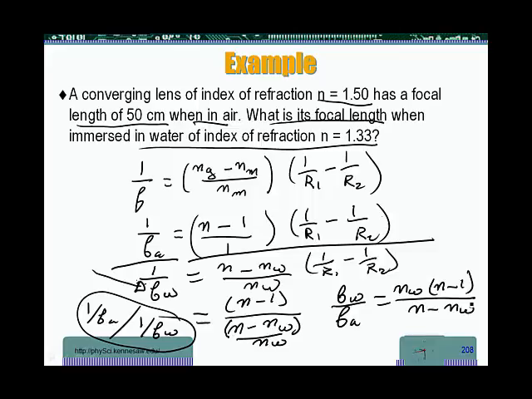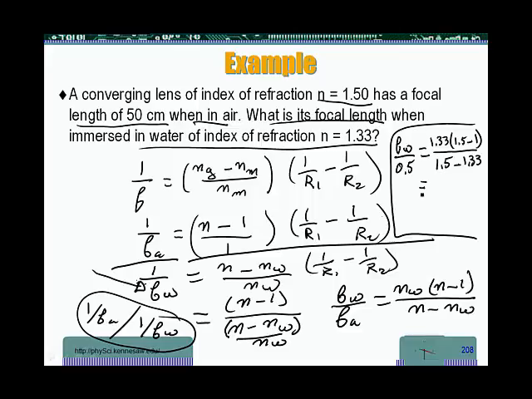So we have n w, remember, is 1.33. So I have f w over f air, which is 0.5 meters, is going to be equal to n w, 1.33, times 1.5 minus 1, over 1.5 minus 1.33.